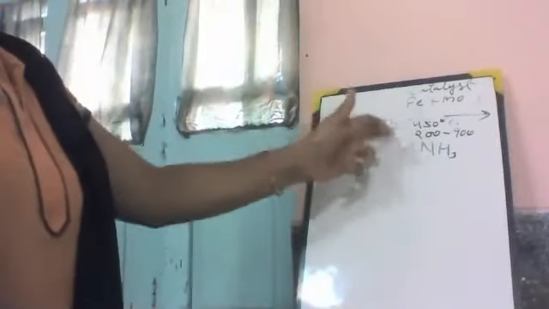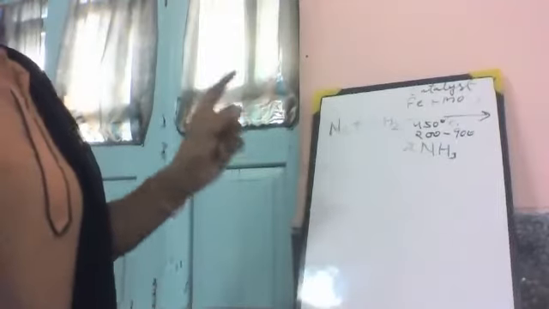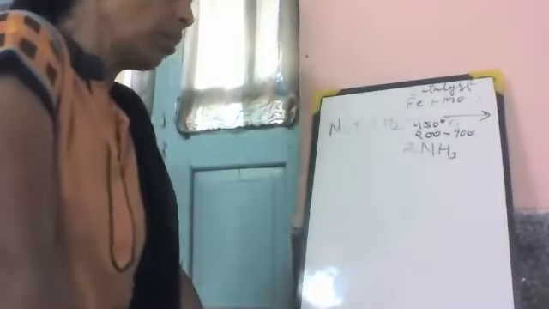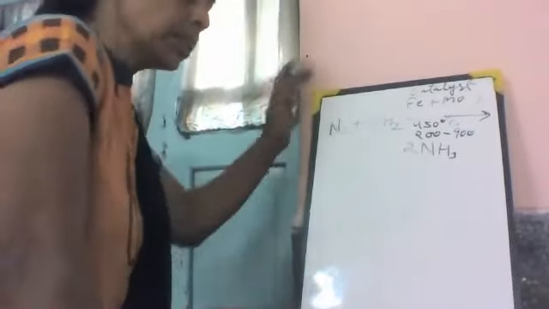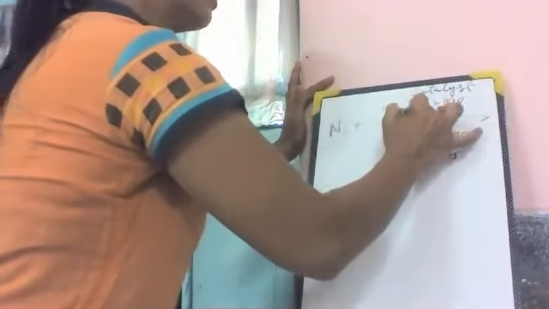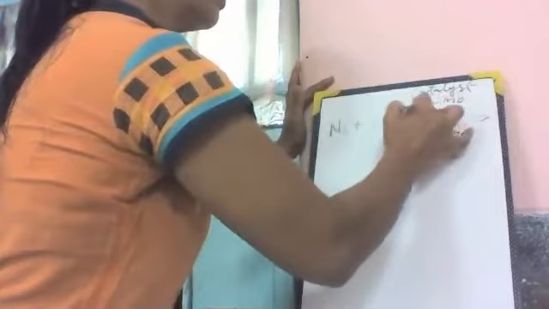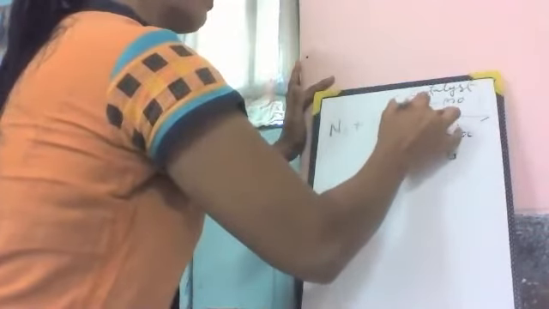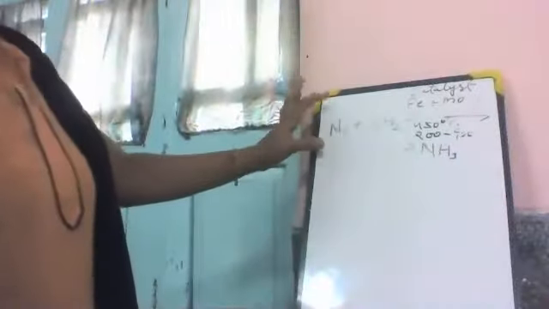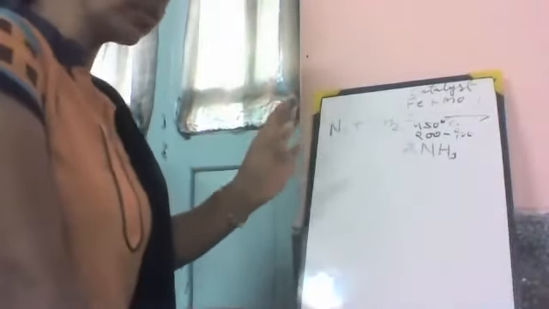These are the conditions required to produce ammonia from nitrogen and hydrogen. And it is a reversible reaction, because we can put the arrow both ways. It means product converts into reactant and reactant also converts into product.